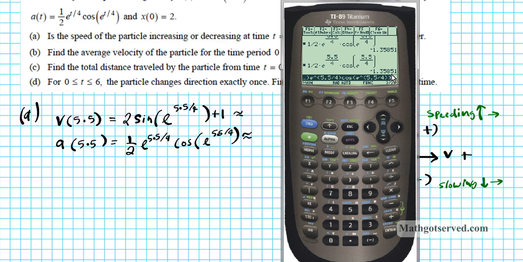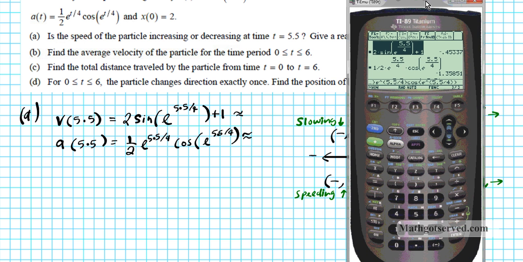Okay, so let's write down what our answers are. For velocity, scroll up a little bit, there you go. For velocity we have negative 0.45337, and for acceleration we have negative 1.35851.